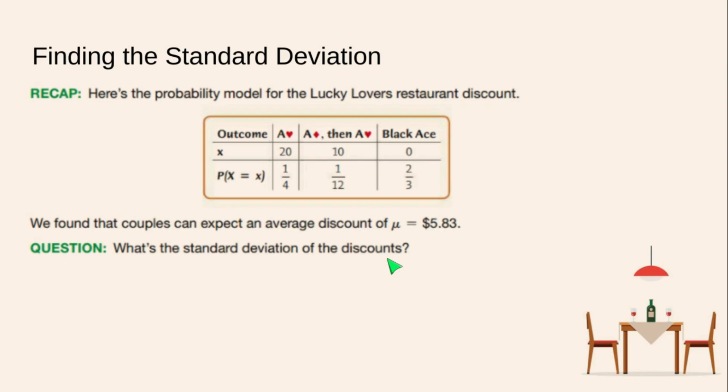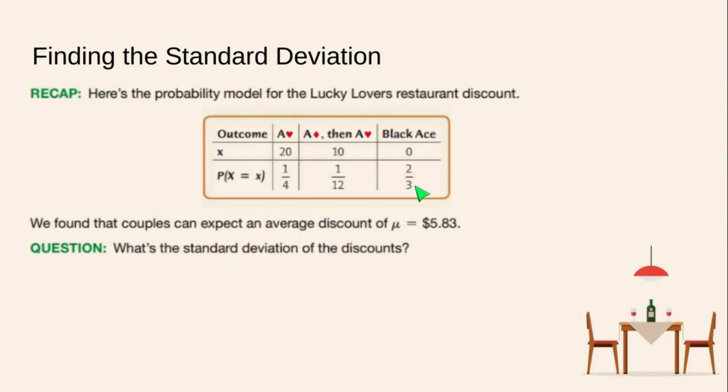Okay, hopefully you've been satisfied with the quest you have chosen. I'm going to show the longhand method, and just know that if you were to enter these values into list 1, the 20, the 10, and the 0, and the respective probabilities in list 2. By the way, if you didn't know this, you can just enter fractions into your lists and the calculator will convert them into decimals because the calculator is just nice like that.